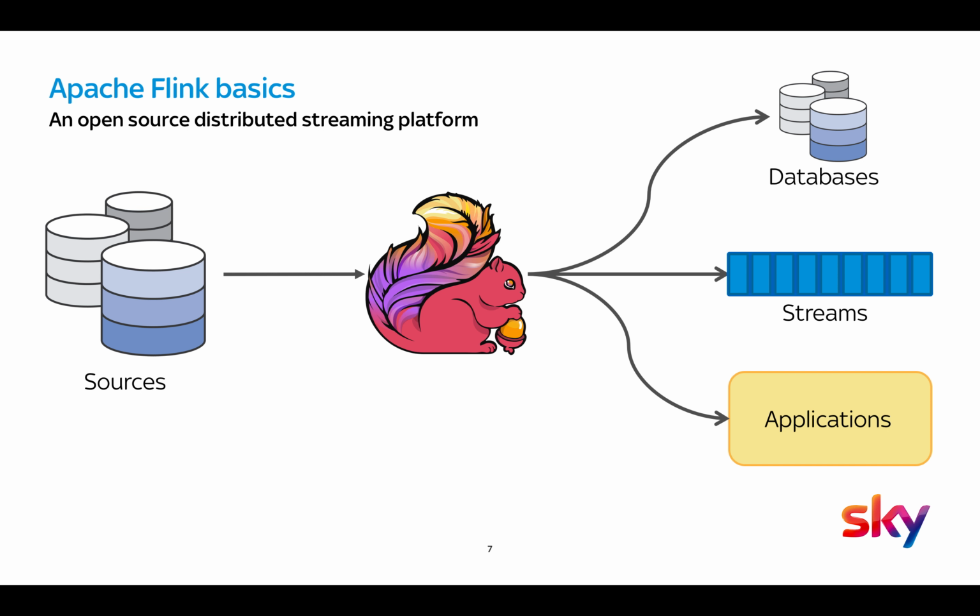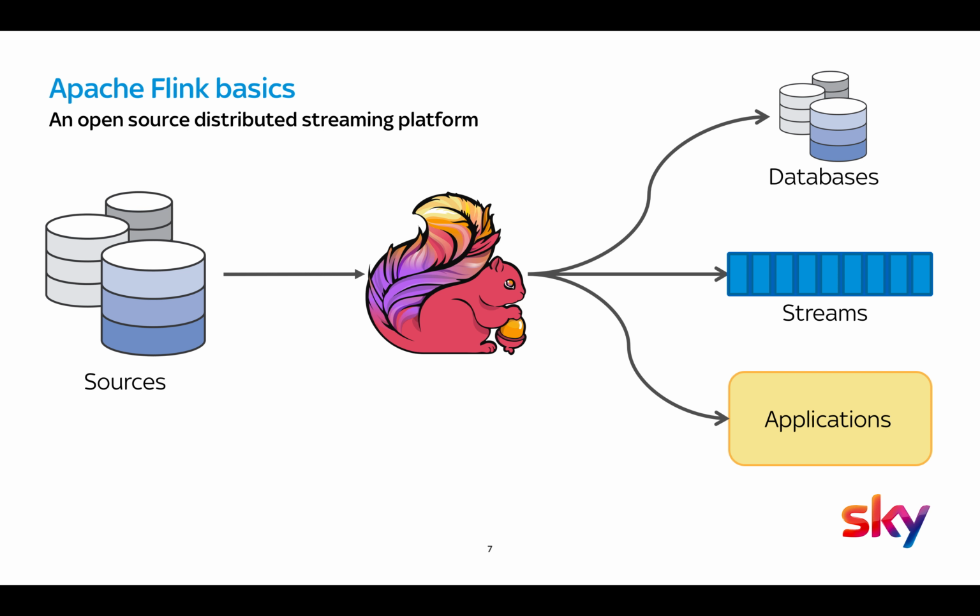Flink also has the concept of ingestion time, which is the time in which Flink ingests the events, as well as processing time. And processing time is like the developer is saying, give me the events just in the order that they come. Doesn't matter.